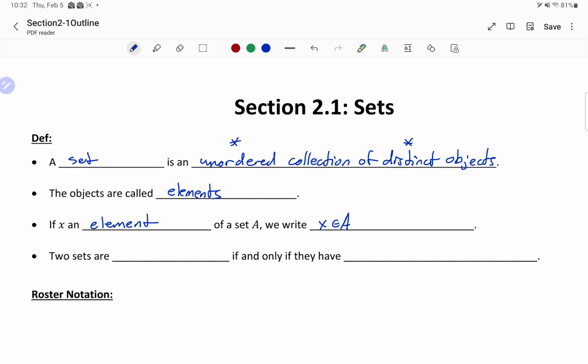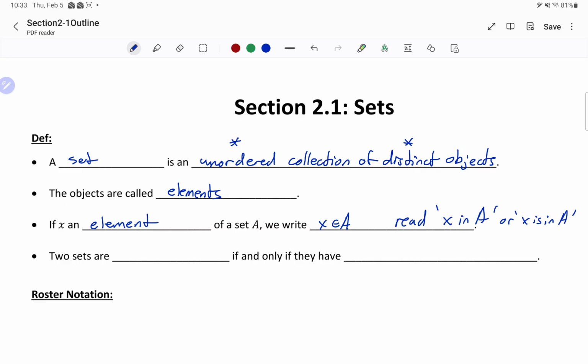It means that X is an element of the set A. Typically, we're going to read this as X in A or X is in A, depending on the context we use it in.